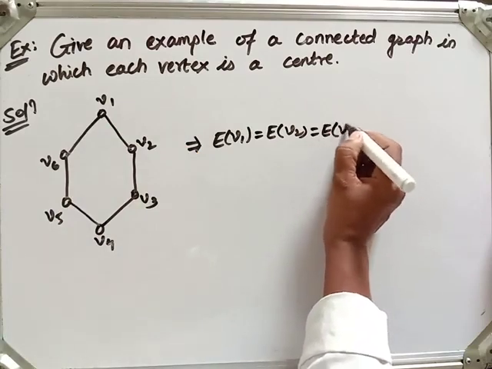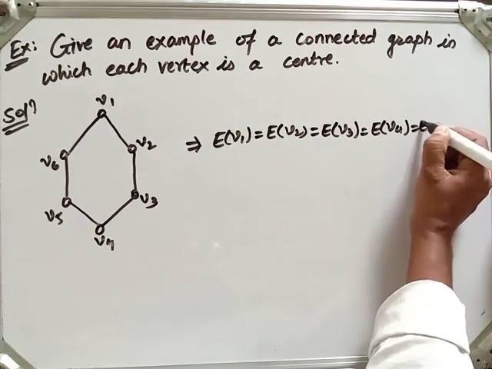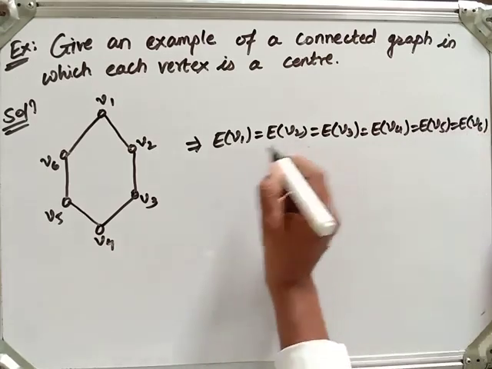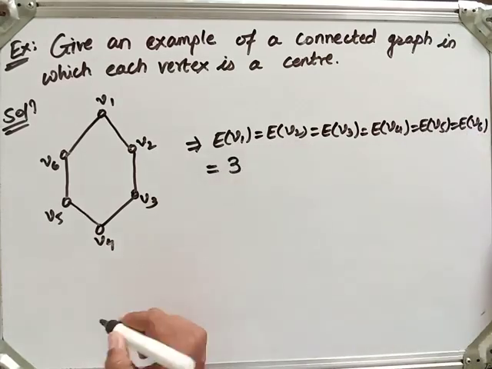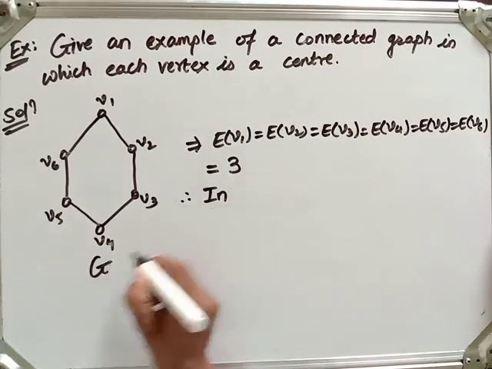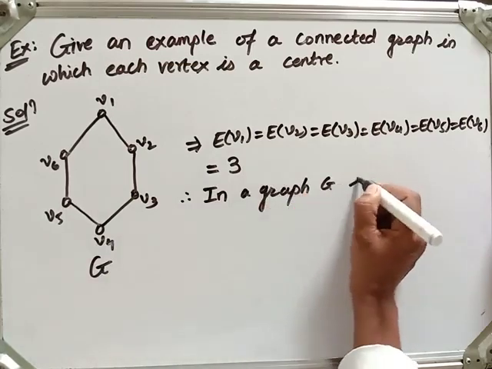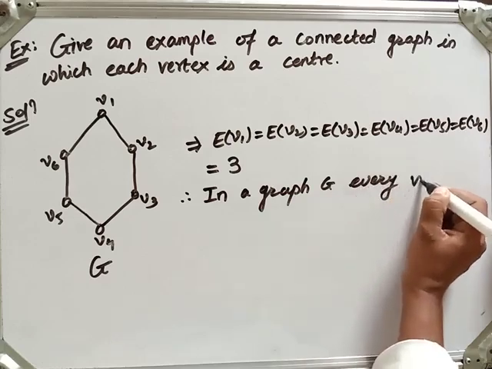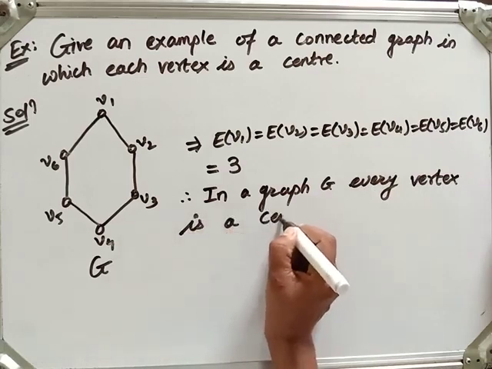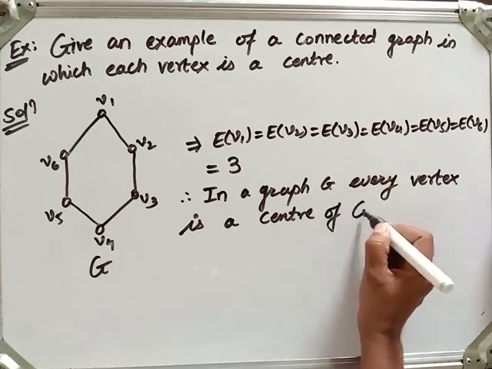Eccentricity of V3 is the same as eccentricity of V4, V5, V6. You can determine it if you have a doubt. All have the same eccentricity, equal to 3. Therefore, in this graph, suppose it is G, every vertex is a center of G.